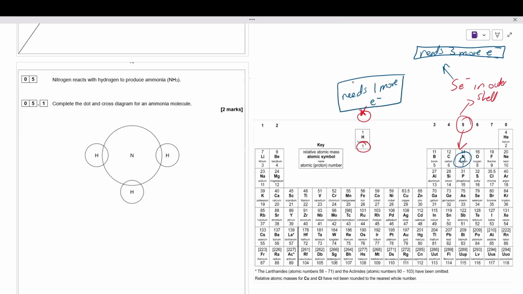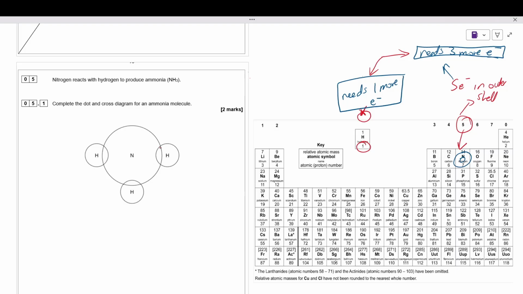Now let's look at how we can merge this information so that we can complete this dot and cross diagram here. Because nitrogen needs 3 more electrons, we know that it's going to have 3 pairs of electrons.